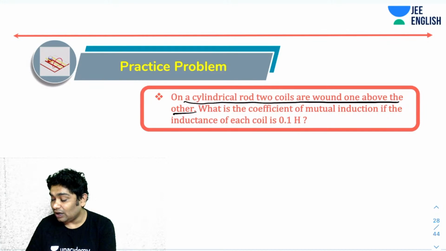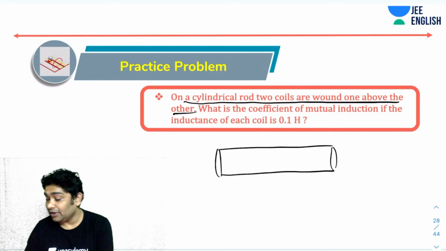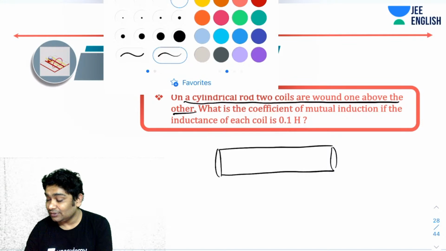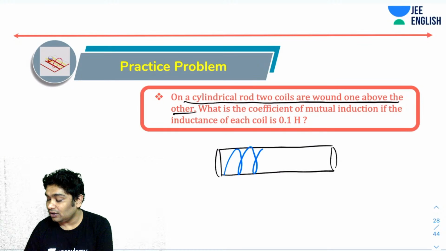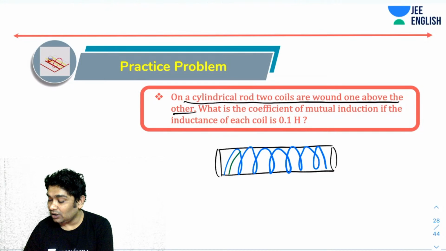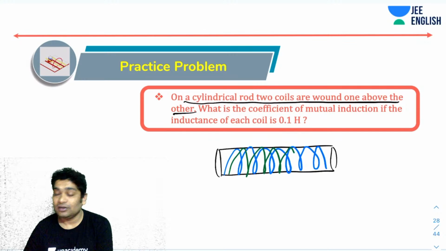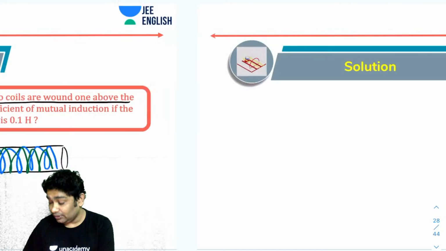So if you are taking a cylinder and you are taking two coils, one over the other, here is your one coil, and here is the other coil. So you realize there will be complete flux linkage. Since there is complete flux linkage, the K would be 1.